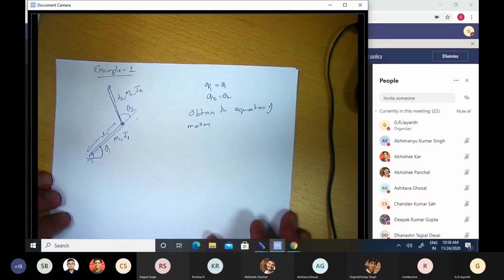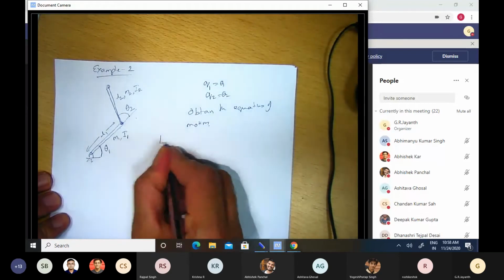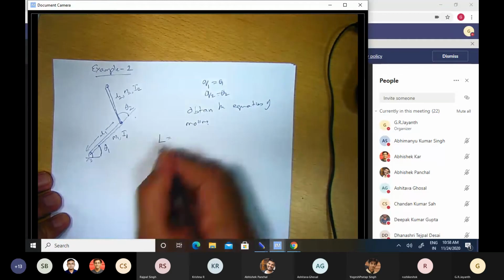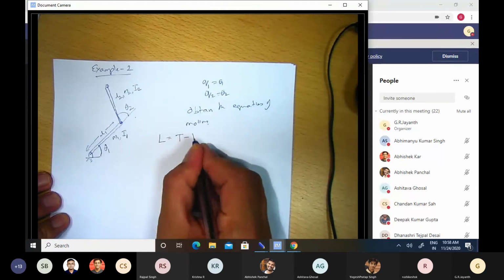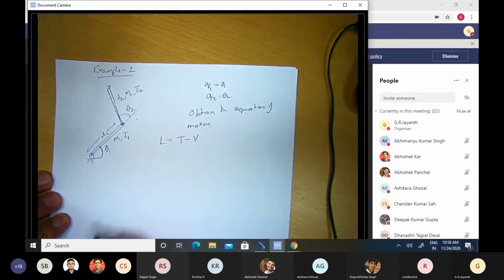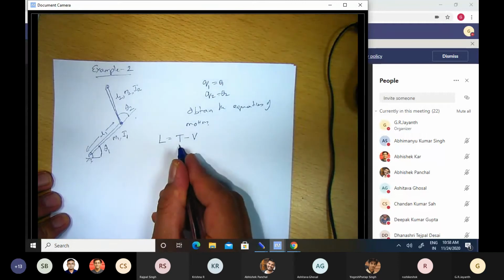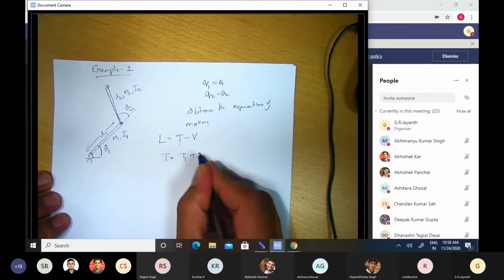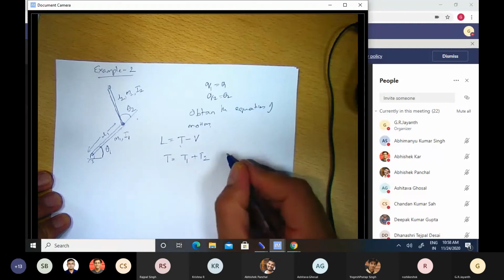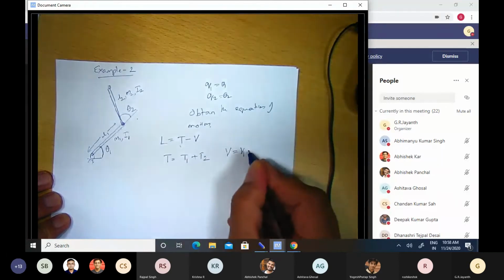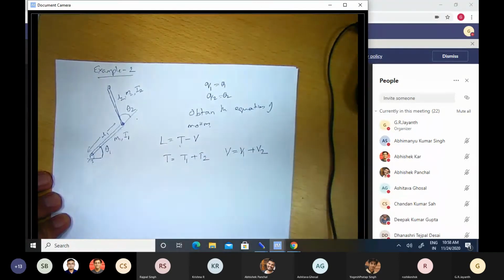Okay, so we need to define the Lagrangian, and that's going to be equal to the kinetic energy minus the potential energy. And the total kinetic energy of the system is the kinetic energy of the first link plus the kinetic energy of the second link. And the potential energy likewise is the potential energy of the first link plus the potential energy of the second link.